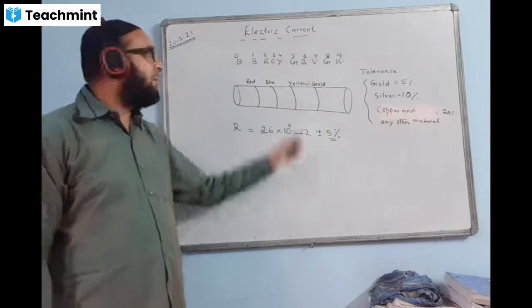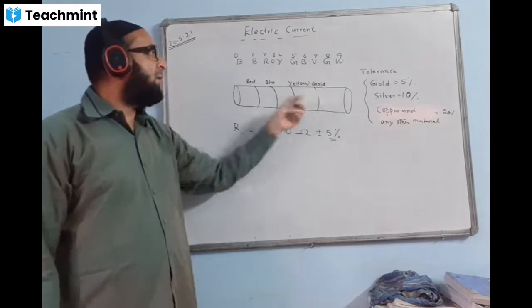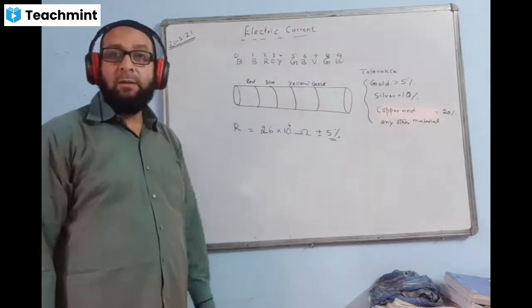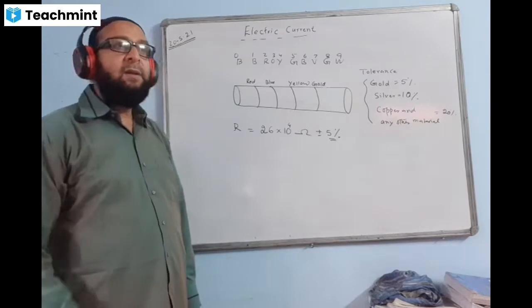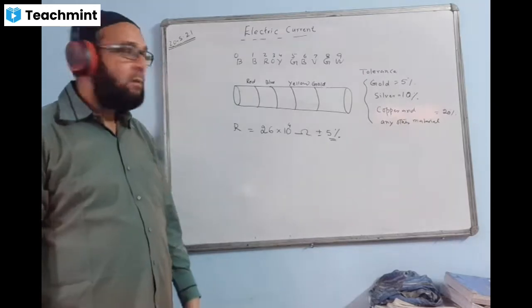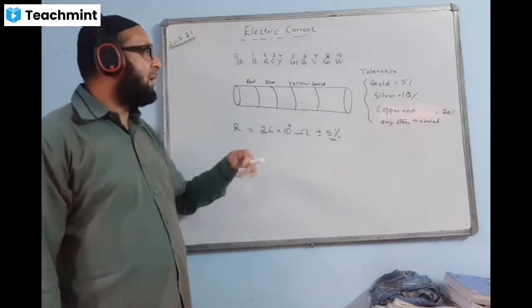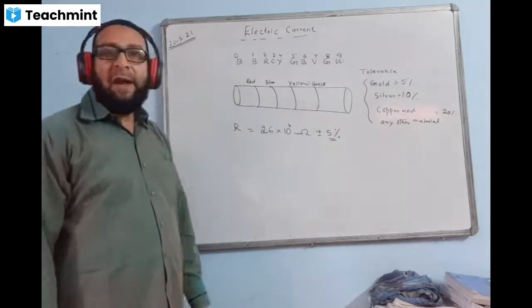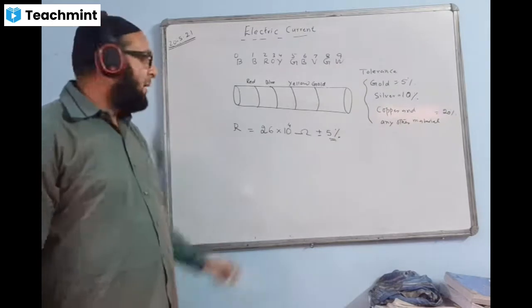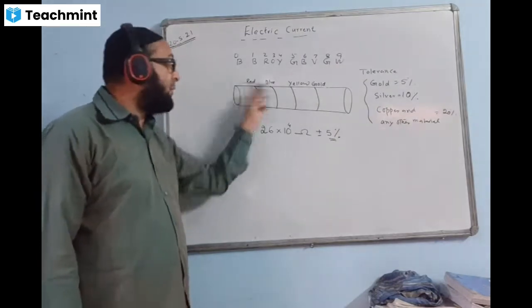Even no color or some other color for the fourth band will come under the category of 20%. They may say no color, transparent material, anything, so write 20%. 5, 10, and 20. This is how we decode them.